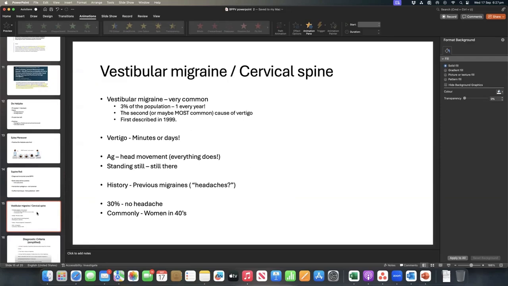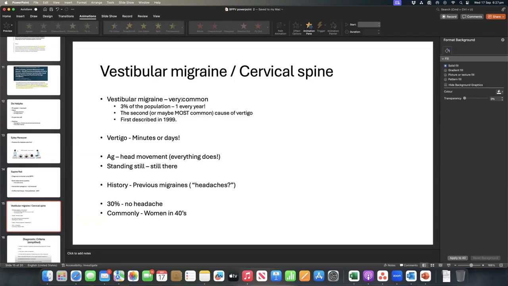Now, just to chuck in here, vestibular migraine. I've put cervical spine there because we're an osteopathic clinic, and so whenever we have migraines, we have an associated upper cervical component, which we like to scream to the world and let everyone know.